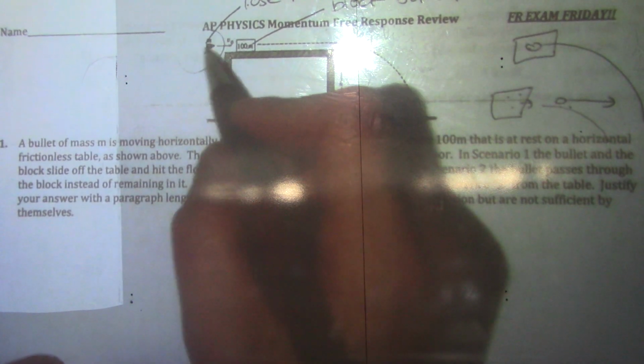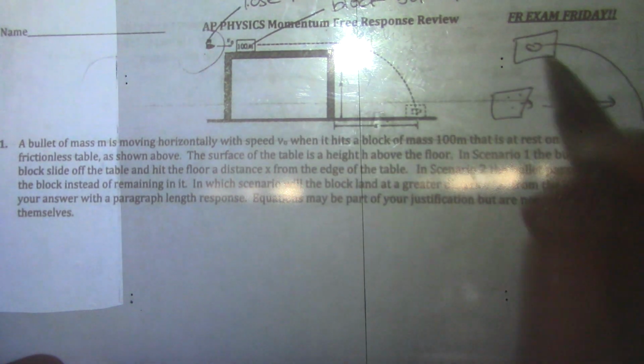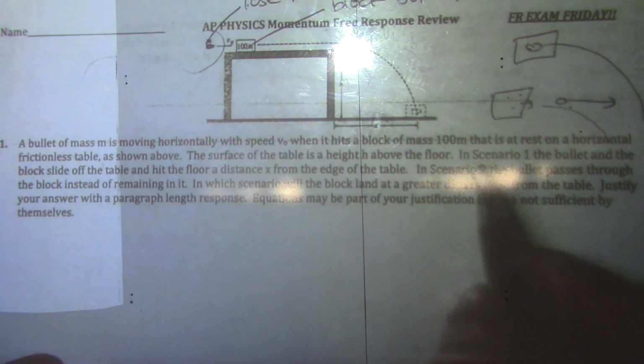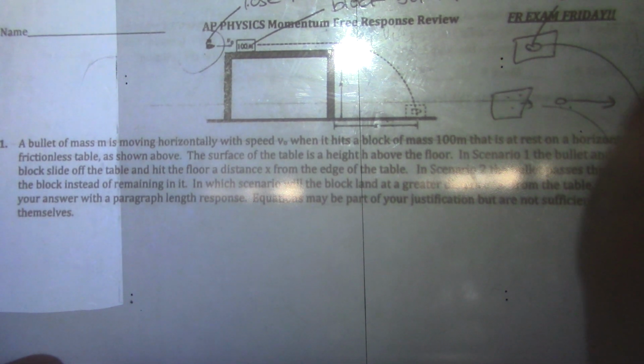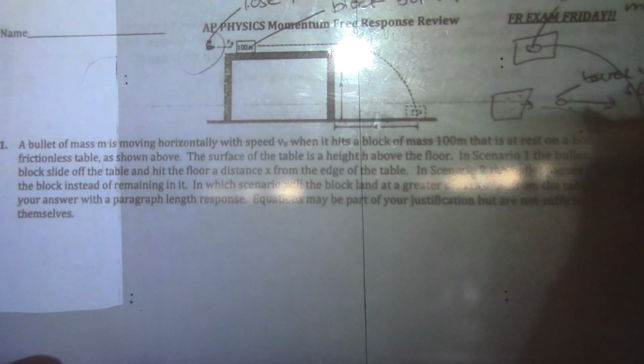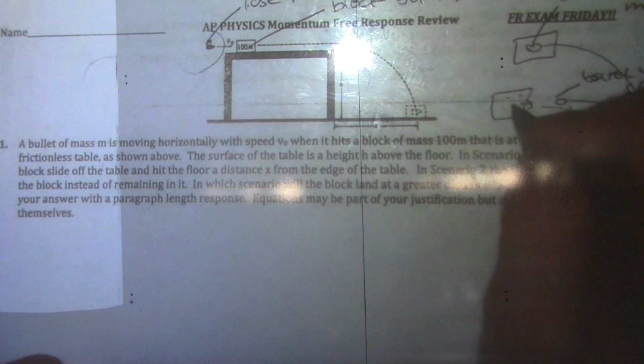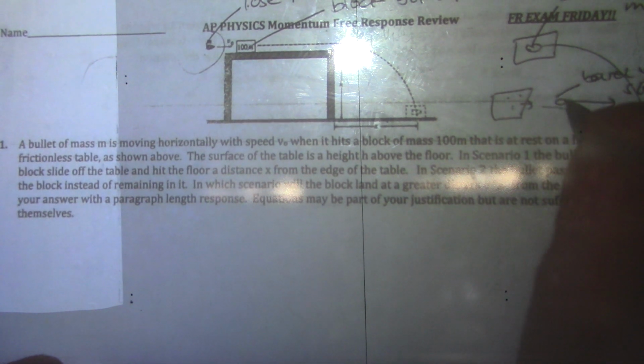So we've got two options. The bullet can pass through or the bullet can get stuck and move with the block. In the case, I think it's scenario 1, where it gets stuck, this bullet slows the most. This bullet barely slows down at all. It is going to slow down because it's going to pass through and give a little bit of its momentum, but if it's passing through, it's not slowing down very much.